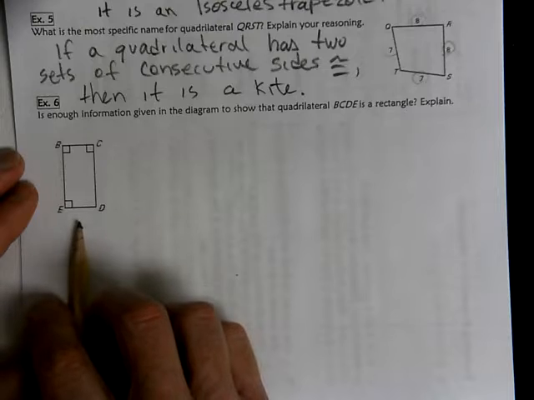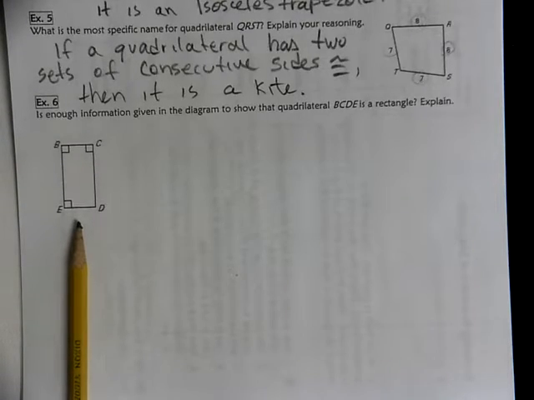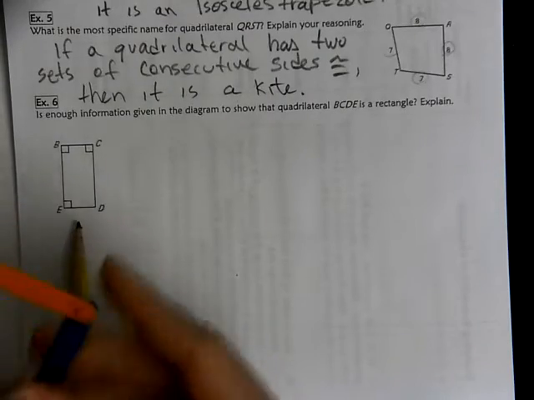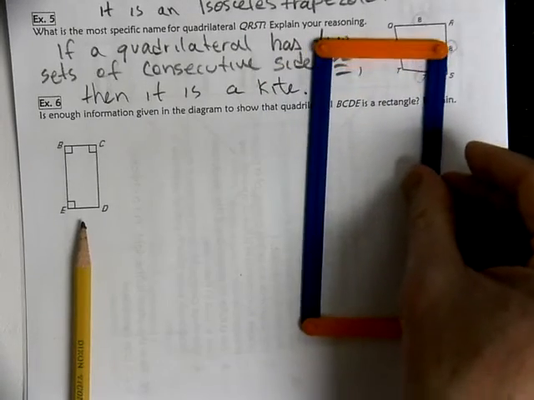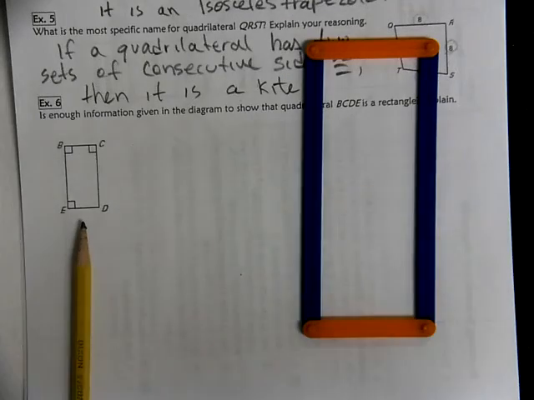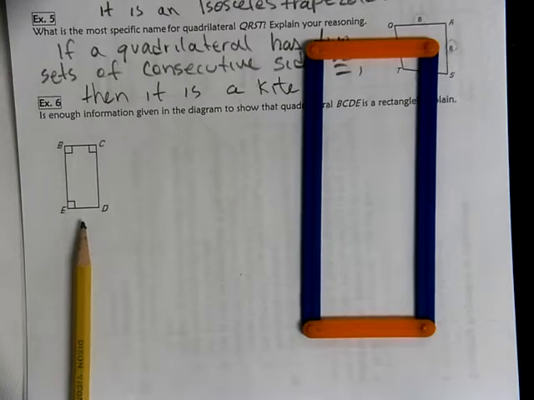Okay, last one. Is there enough information to show this is a rectangle? And you're probably thinking that a rectangle has four sides and four right angles.